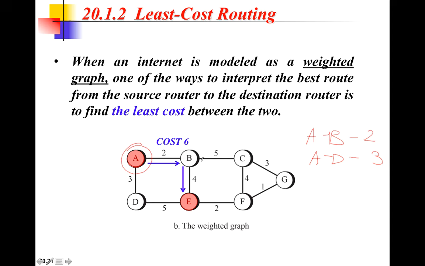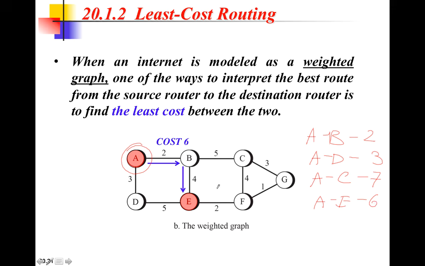It is through B, 5, 6, 7. So A to C is 7, A to E is through B, so A to E, the least cost we have is 6, and so on and so forth.